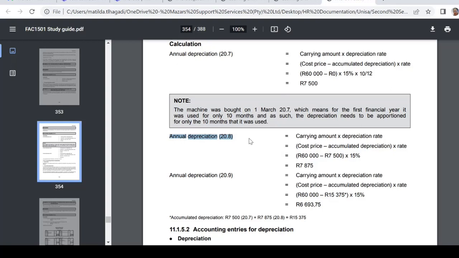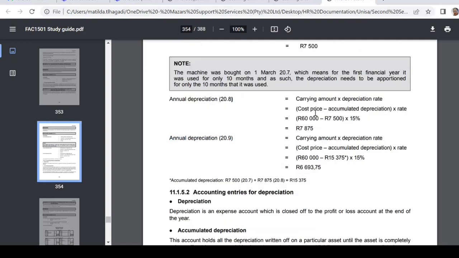So now we're calculating depreciation for 20.8. What is the formula for calculating the reducing balance method? It's cost price minus accumulated depreciation times rate.